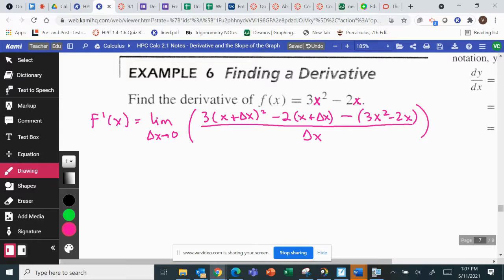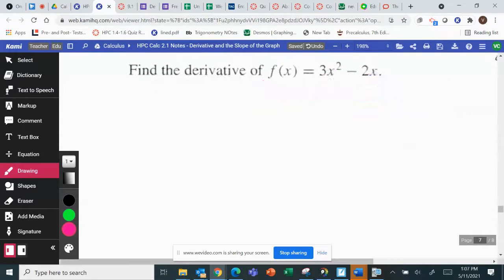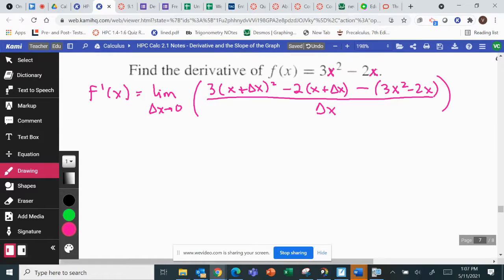And we're going to simplify. I am going to multiply some stuff somewhat quickly here rather than showing every single step because we've already done this.